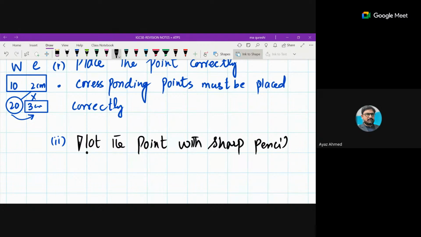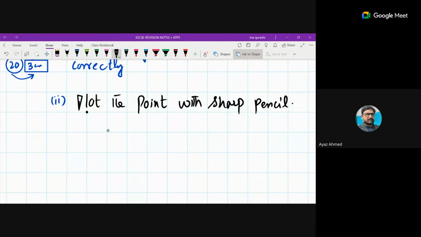Don't make blobs, just one point, and either you surround this with a circle or a point, and just make a cross over there. That is correct. But if you are doing it in this way, that you are making a blob of your point, like this is a blob. Do you understand what it means by blob?